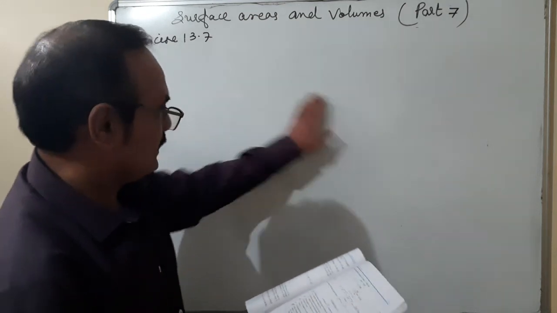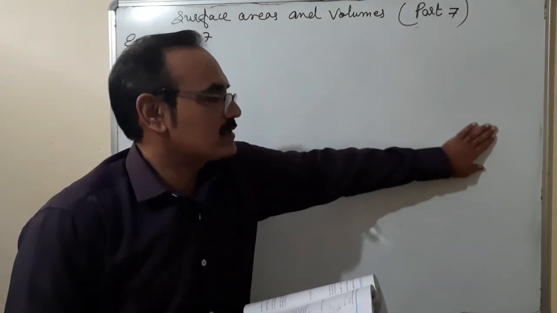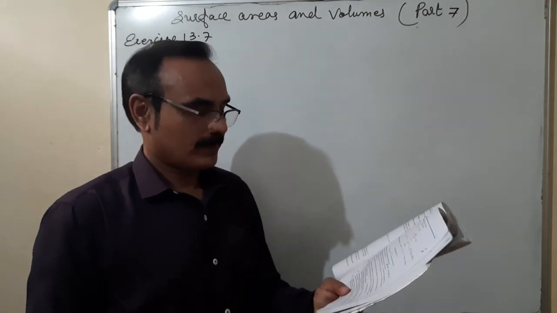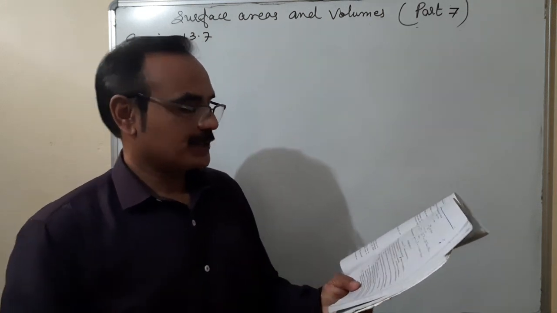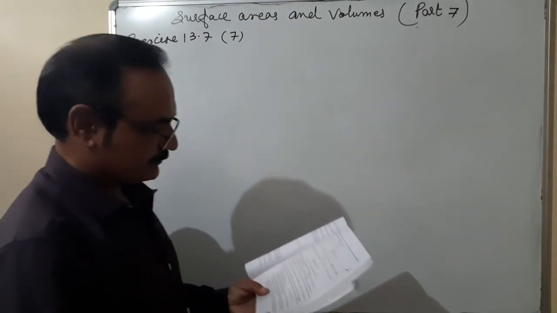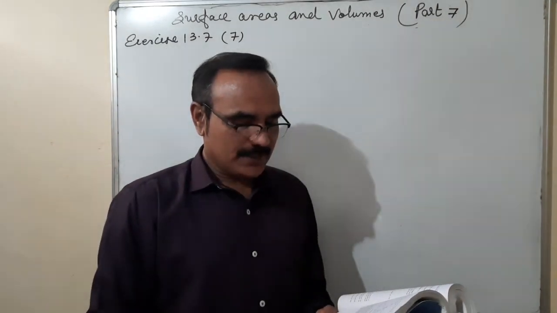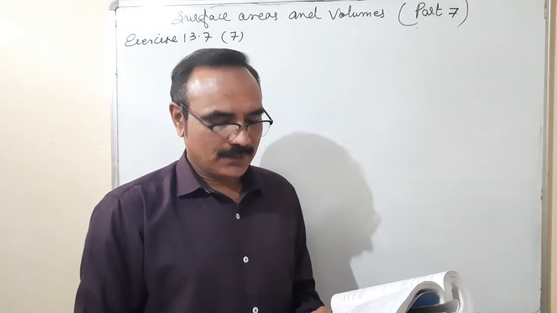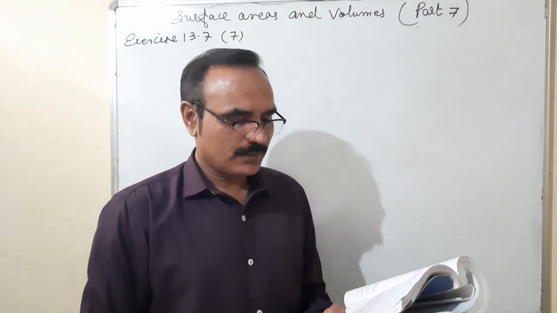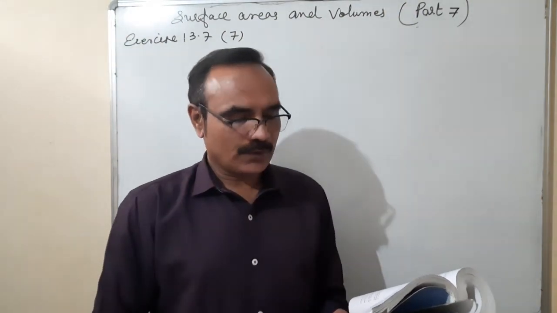Because 7 and 8 are similar questions, or they are related questions. Let us discuss first question number 7. A right triangle ABC with side 5 and 12, 13 centimeter is revolved about side 12 centimeter. Find the volume of the solid so obtained.